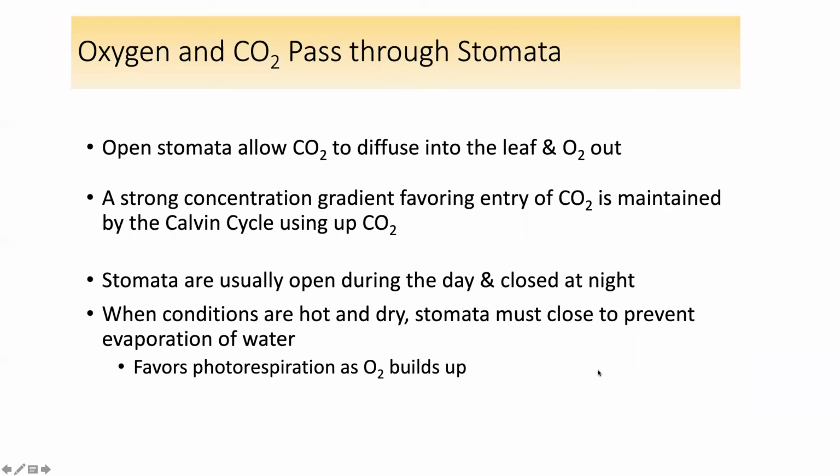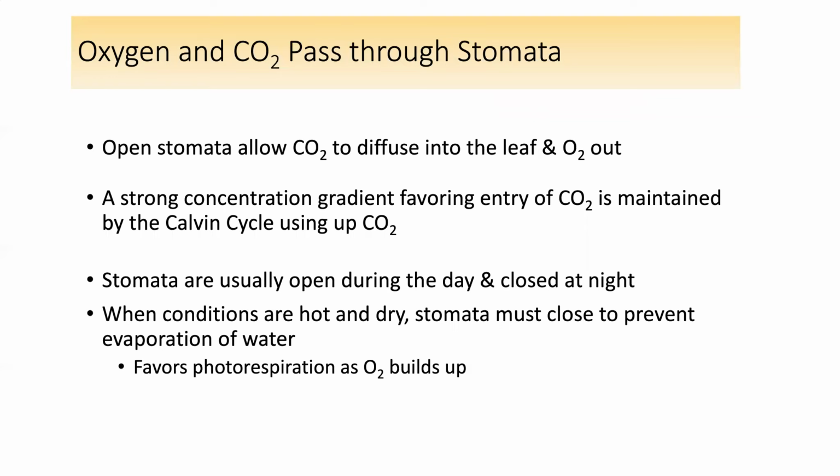All right, so let's just review that real quick. I know for some people it helps to have this in a written outline form. So again, open stomata allow for carbon dioxide to diffuse into the leaf and for oxygen to diffuse out. There is a very strong or high concentration gradient that favors CO2 entering into the leaf of the plant, and this is maintained by the Calvin cycle.